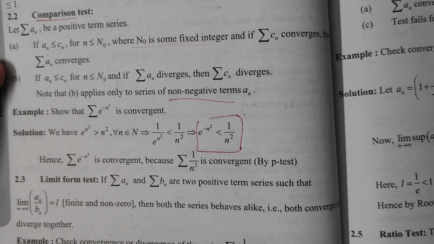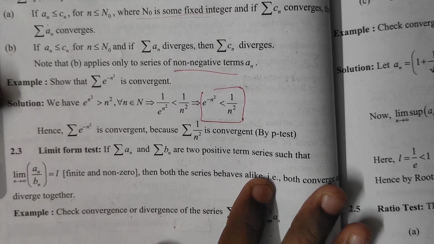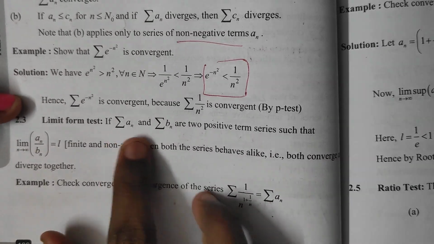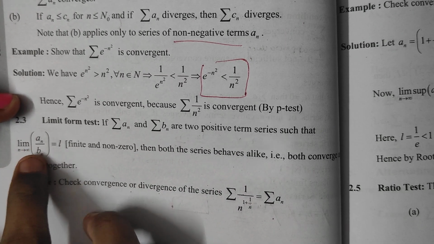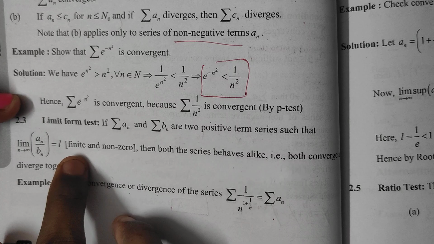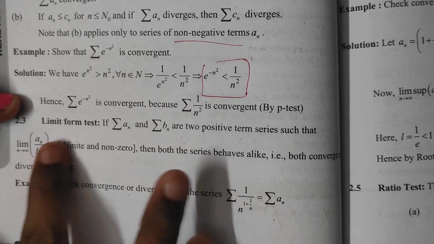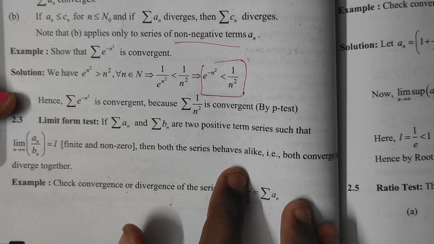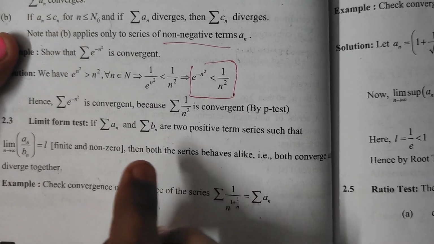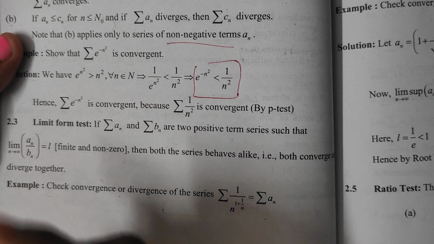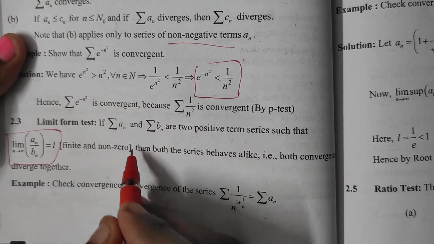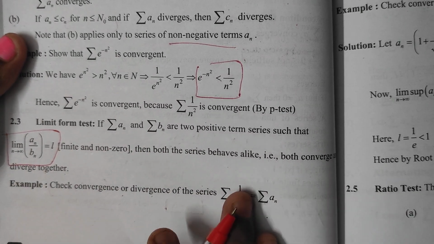Fine. Next we are going to see the limit form test. Summation of an and summation of bn are two positive term series. If the limit as n tends to infinity of an by bn is equal to L, a finite non-zero number, then both series behave alike. There are two sequences. If this condition is satisfied, they both converge together or they both diverge together.